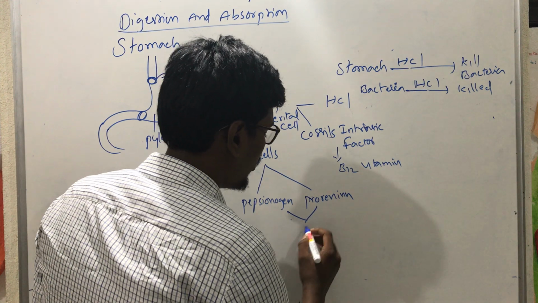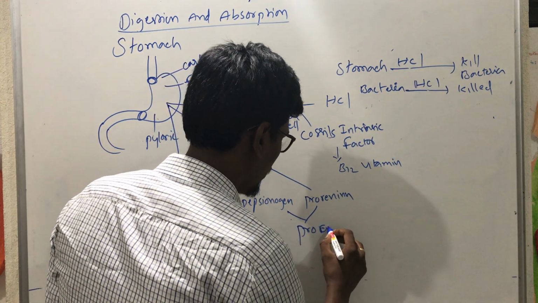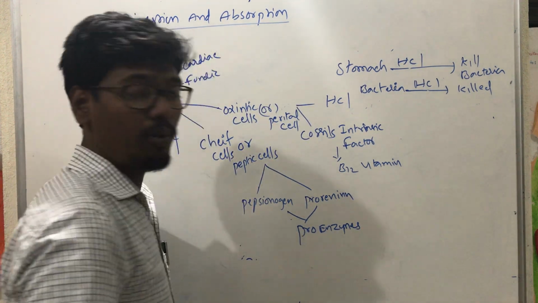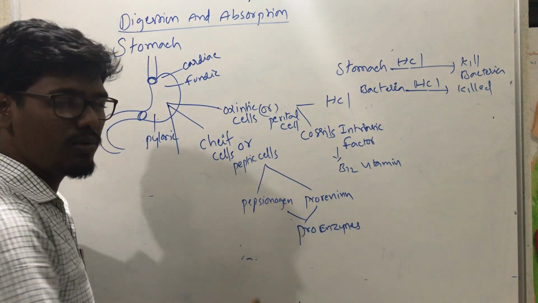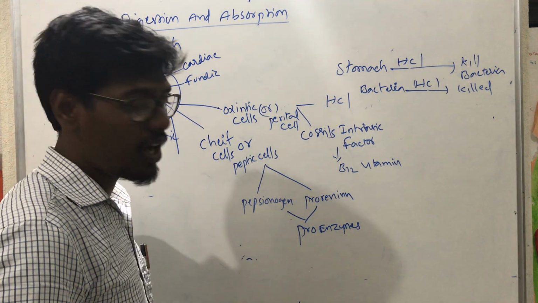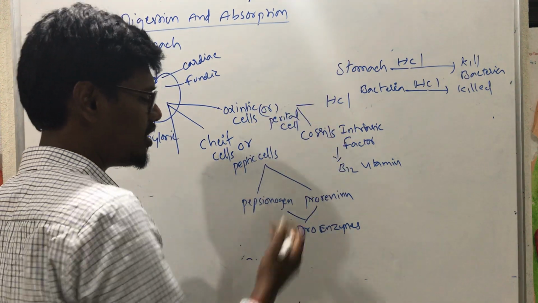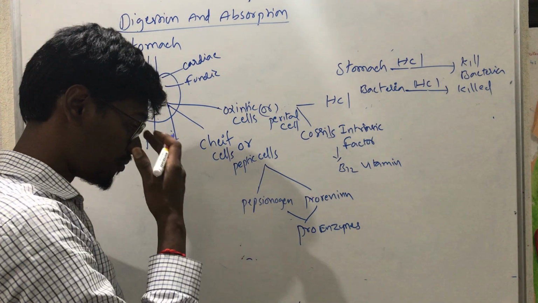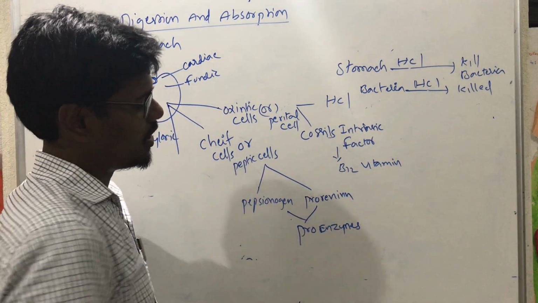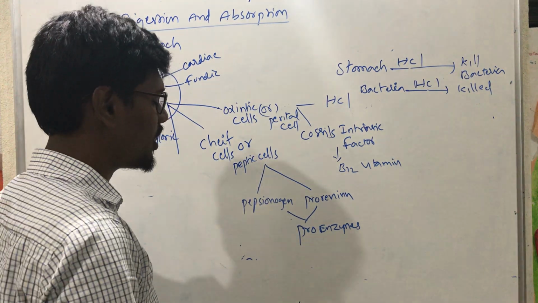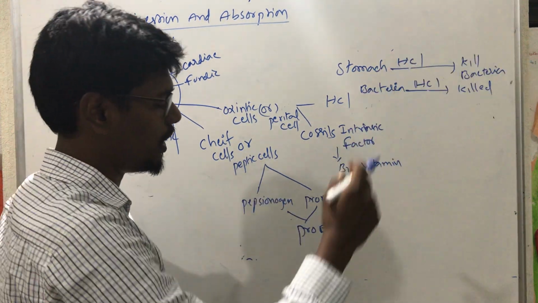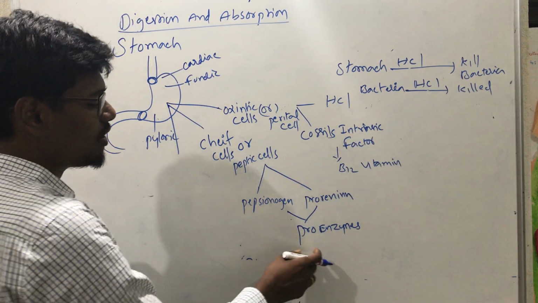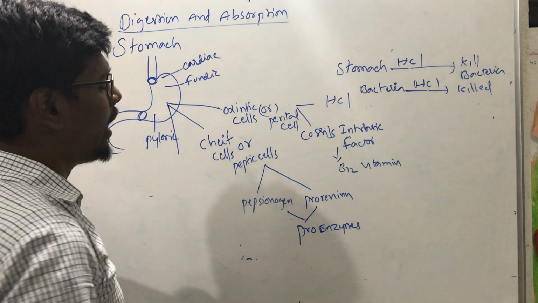These two pro-enzymes are in an inactive stage, and the HCl activates them. In the presence of HCl, pepsinogen is converted to pepsin and prorenin to renin.